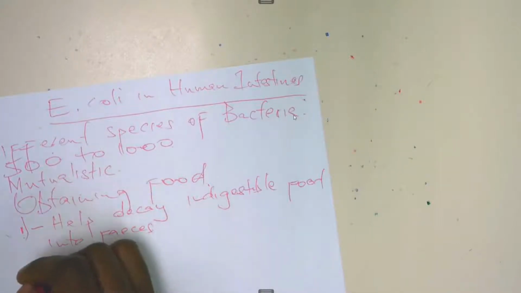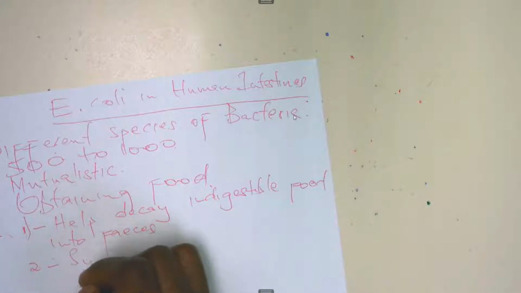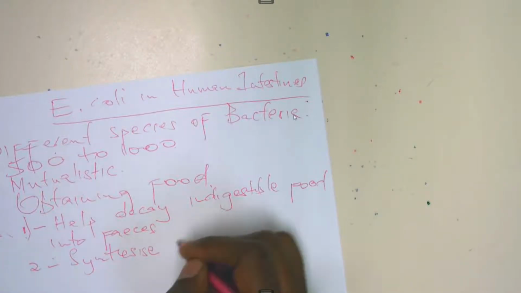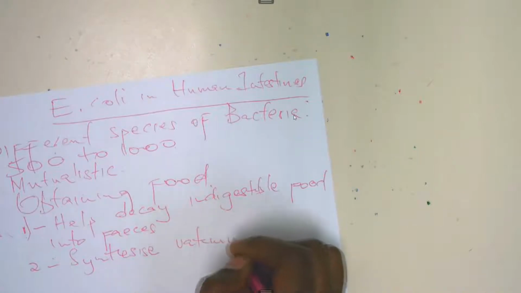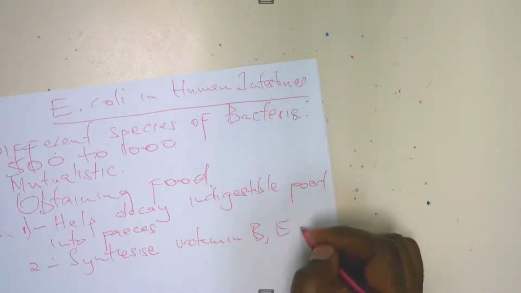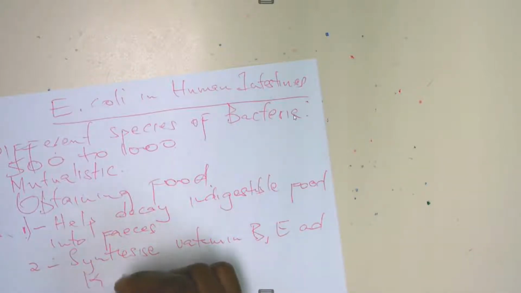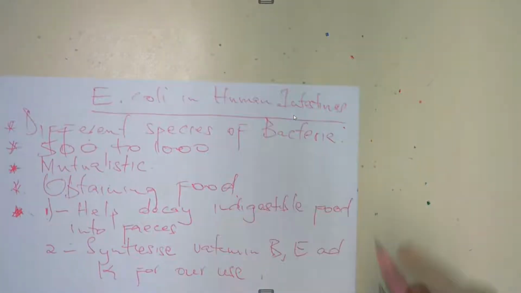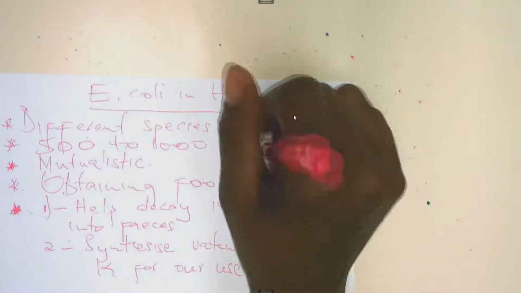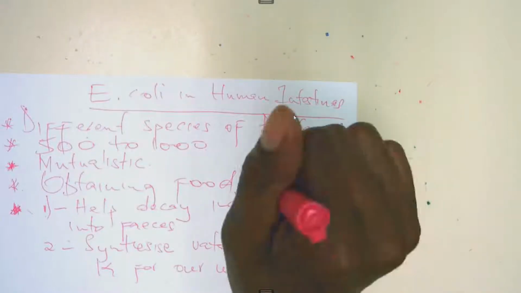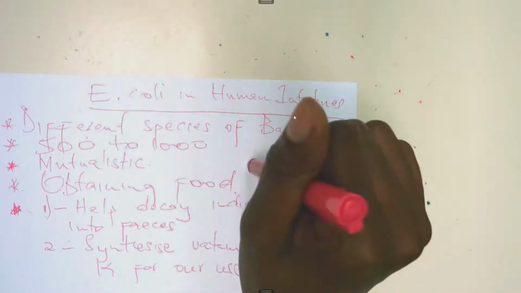And then point number two, they synthesize, or make, vitamin B, E, and K for our use. So the mutual relationship between the bacteria found in the human intestines and us as human beings is as follows.